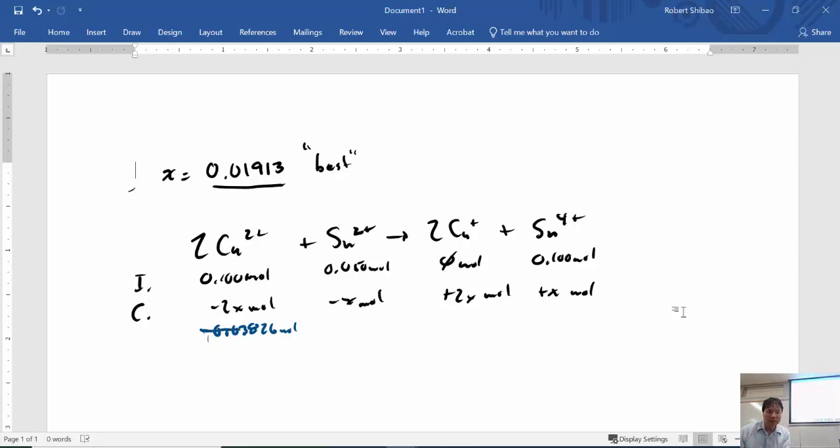This is incorrect. I need to double that. Not divided by 2 times 2, 7652. So this is actually minus 0.07652 moles. And then over here, 0.05 minus x would be minus point. Oh, what am I doing? Sorry, I already doubled it. Third error.